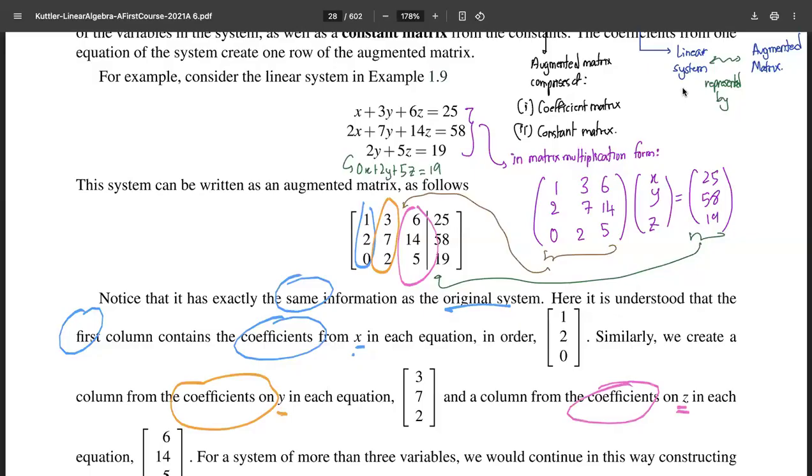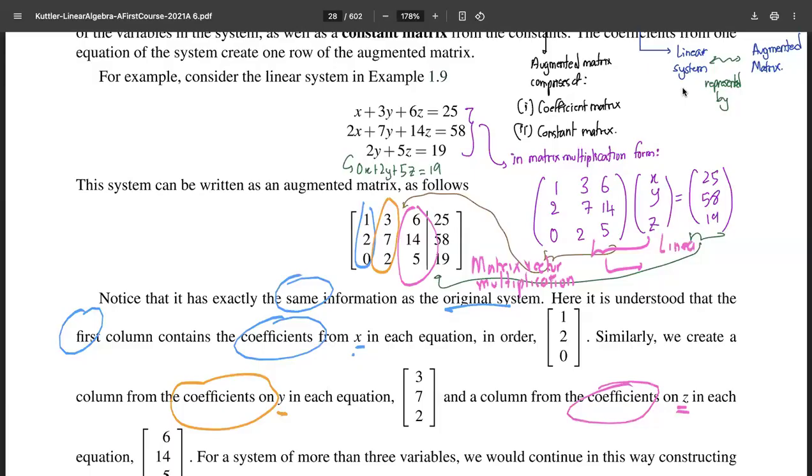So I can express this matrix vector multiplication as x times 1, 2, 0, plus y times 3, 7, 2, plus z times 6, 14, 5, equal to 25, 58, and 19.